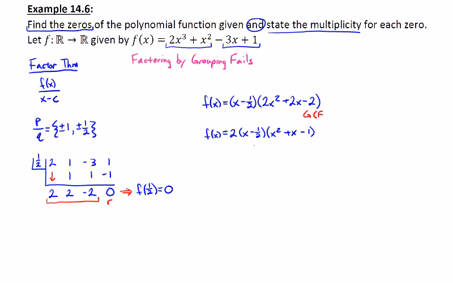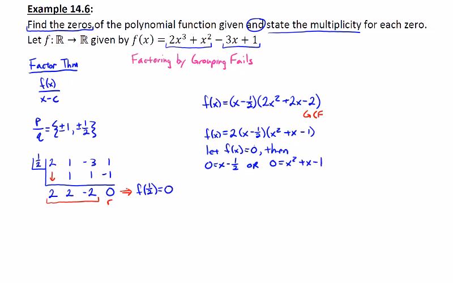So now let's go ahead and do the finding of the 0 step, which is to let f of x be equal to 0. So any of the factors that are not a constant, I will set equal to 0. So that would be 0 equals x minus 1/2, or 0 is equal to x squared plus x minus 1.